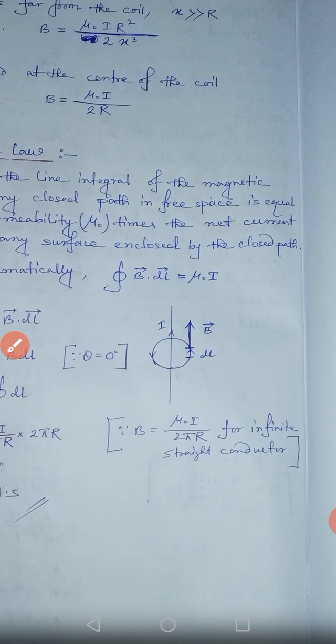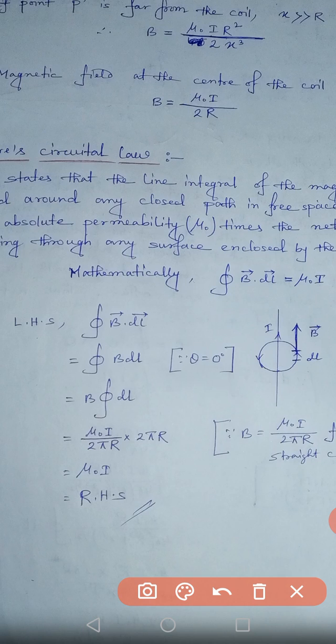Okay. To prove it, we start with the left hand side. So we wrote this one, B dot dl. Here we consider a small length dl, and remember that since we are moving in this way, the direction of dl is this side. And the direction of B is also this side, isn't it?